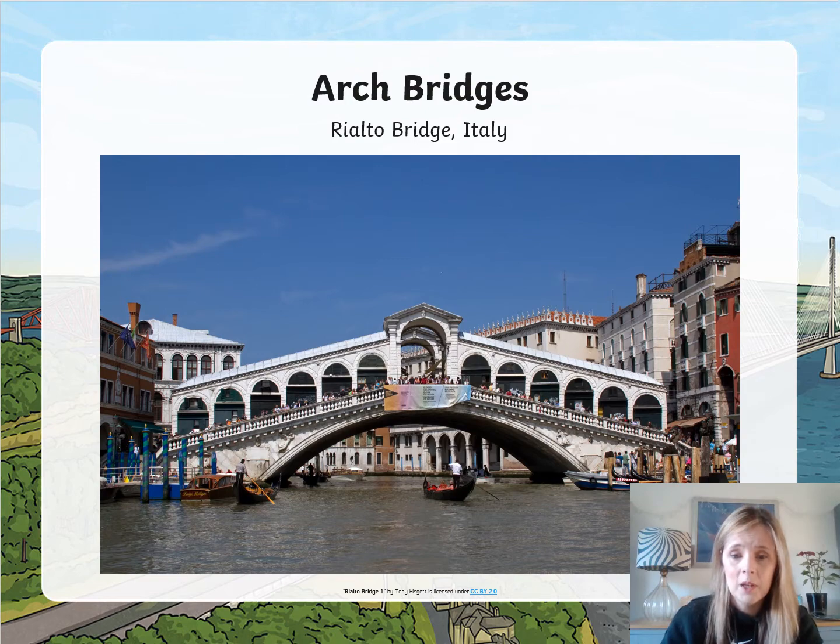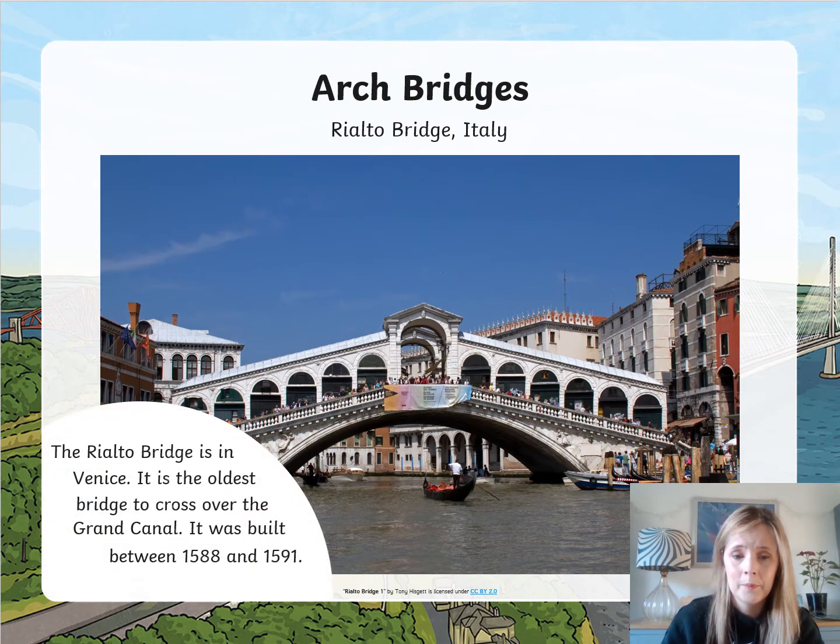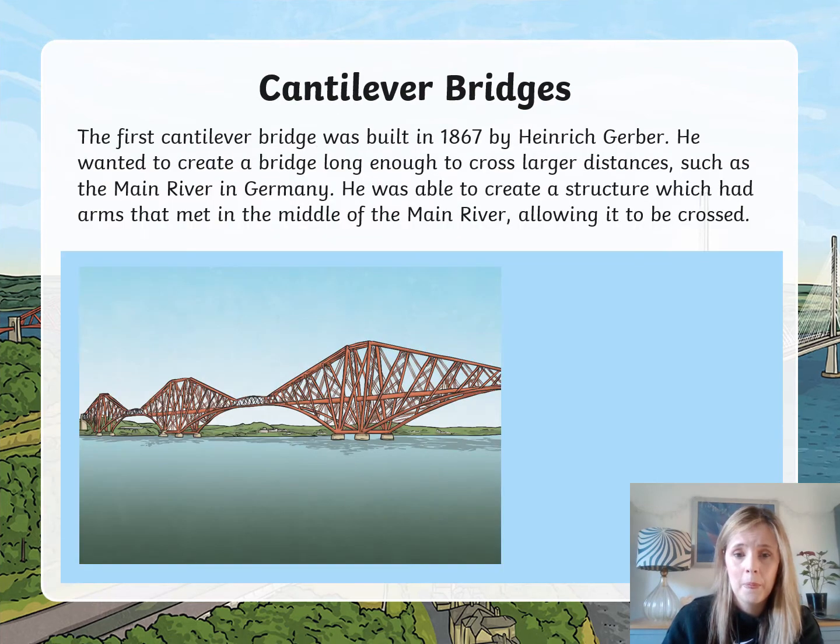And there's lots of people crossing over. So there aren't cars crossing over this bridge, but people. This is called the Rialto Bridge in Venice. It was built in 1588 and it took quite a few years to build until 1591. So it took about 3 years to build that bridge.